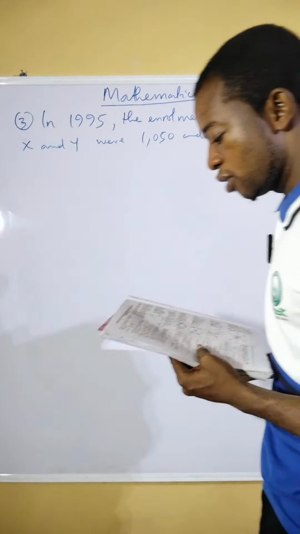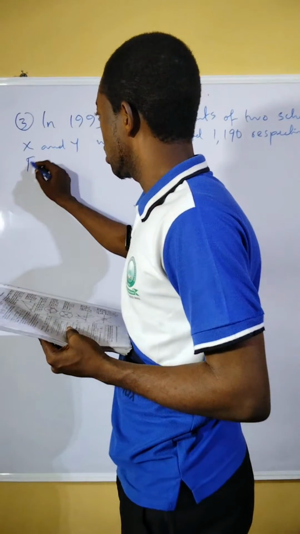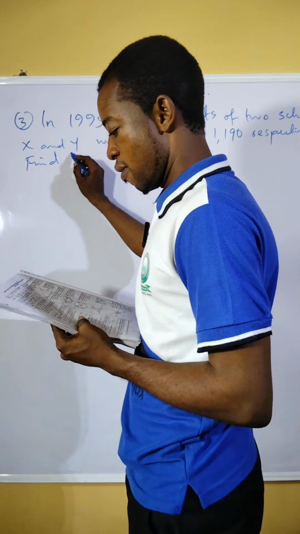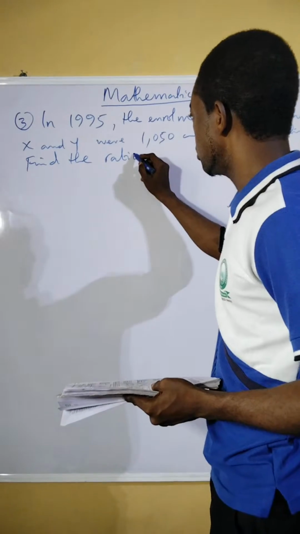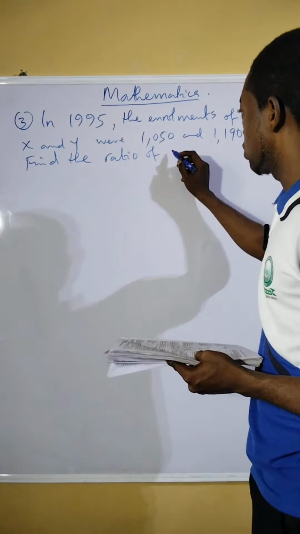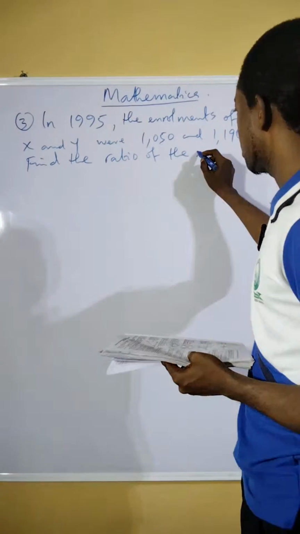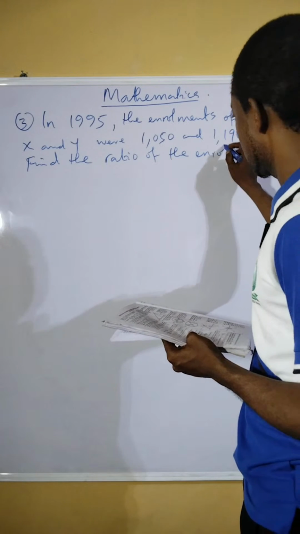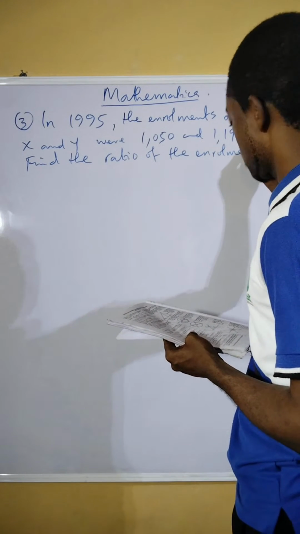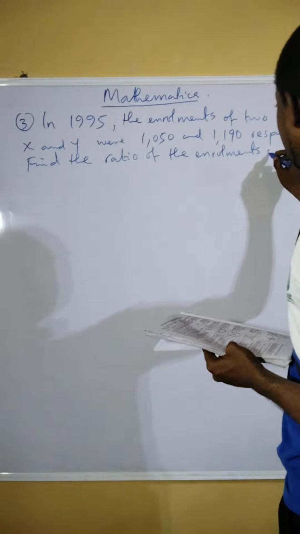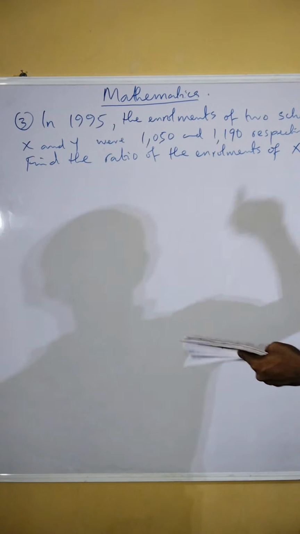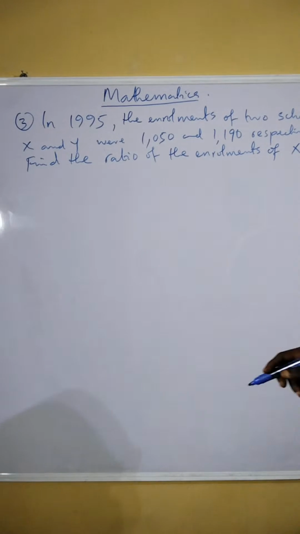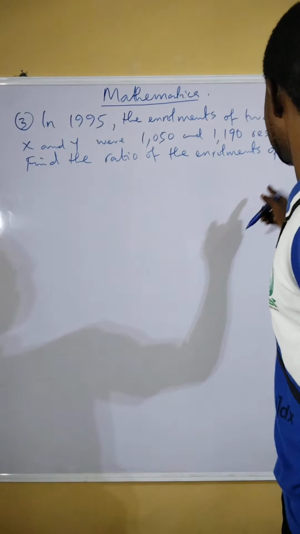Find the ratio of the enrollments of x to y. So this is just ratio. Enrollments of x to y.